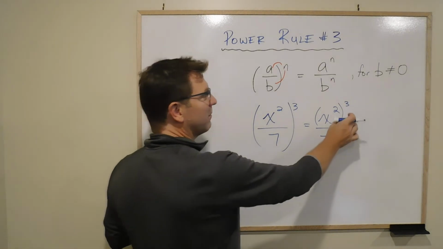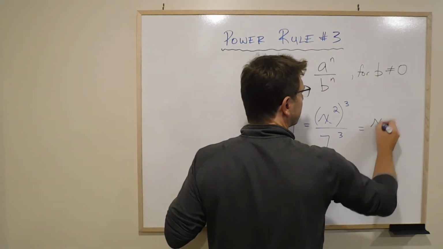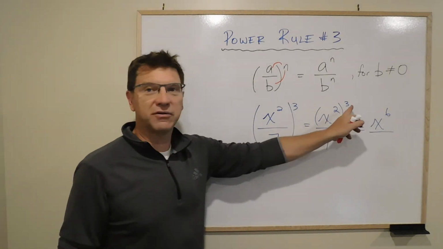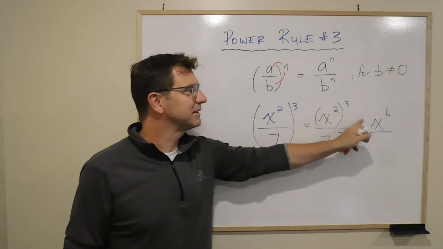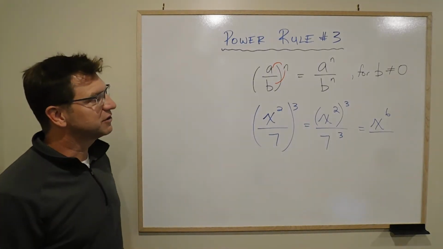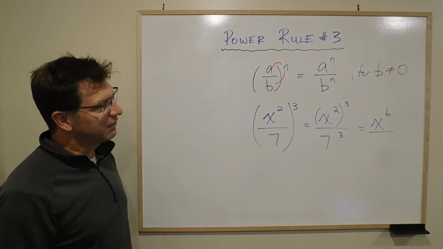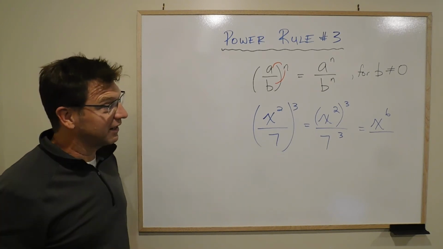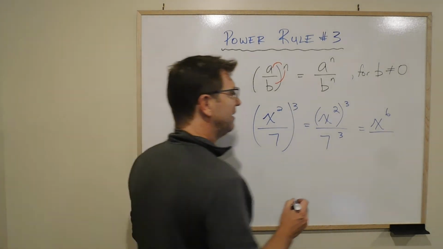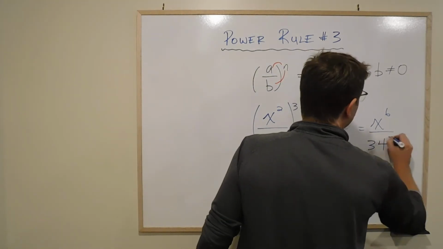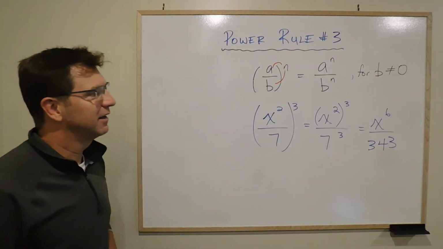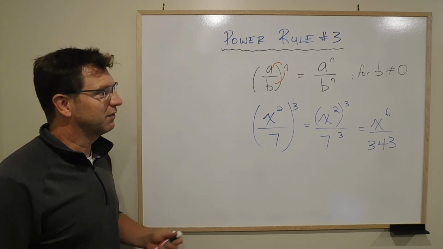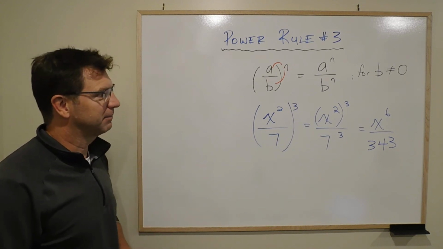Now from the first power rule, we know that when we have two exponents together, we multiply them. 2 times 3 is 6, so that is x to the 6. Now, 7 cubed, well, we can work that out. 7 squared is 49, and 49 times 7, I believe, off the top of my head, is 343. So we have x to the 6 over 343.